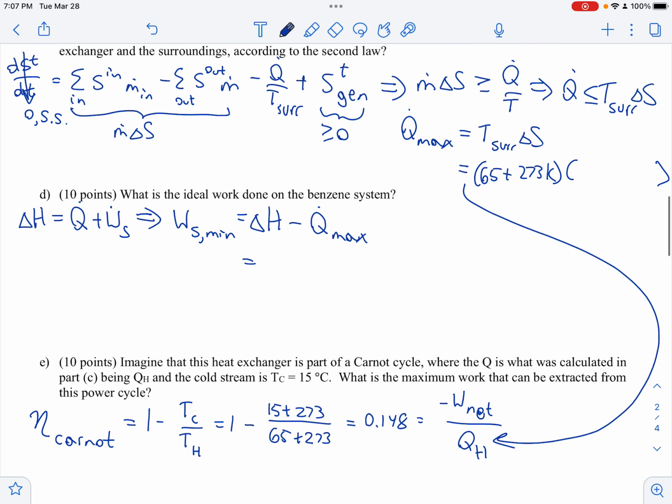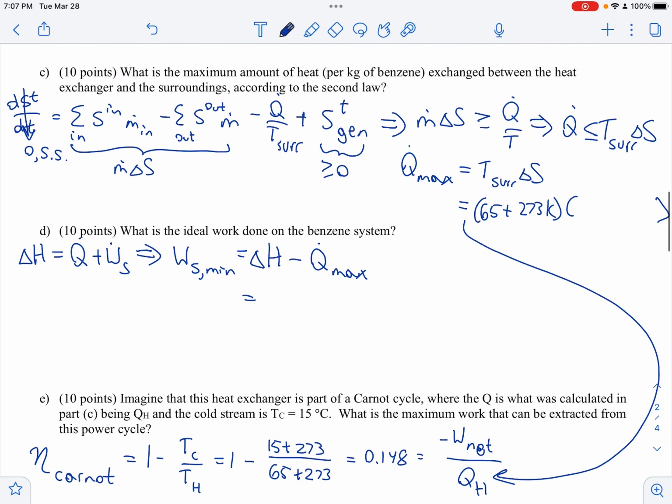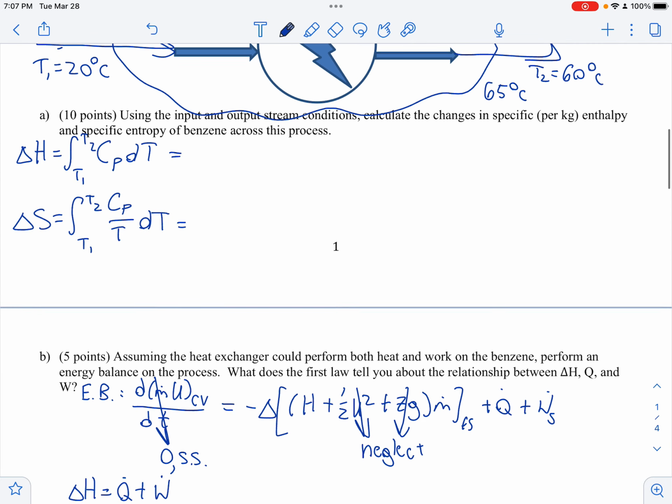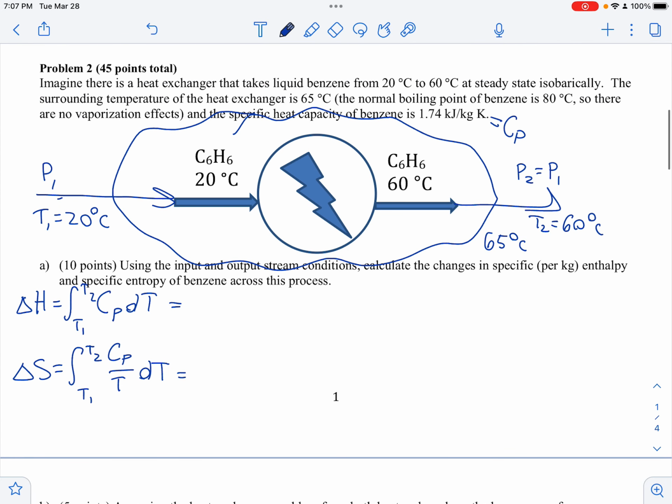Okay, so if I were doing this exam, I might go to another problem rather than filling in numbers, but since we're making videos that are kind of contained to one problem at a time, I'm going to now crank out the numbers. Okay, so CP is given right here, and it's constant.